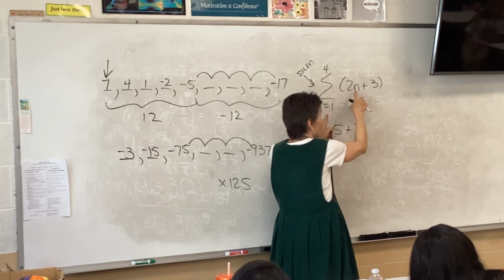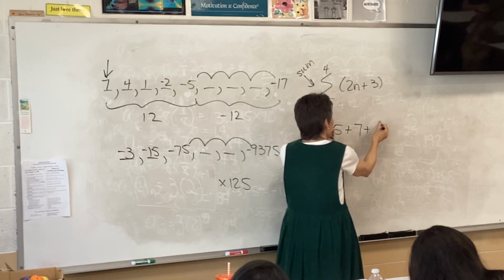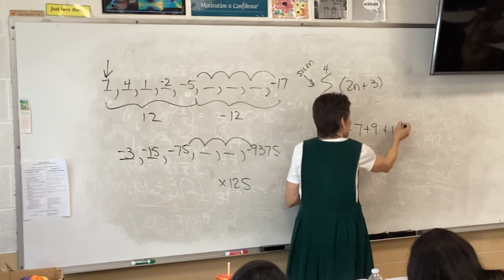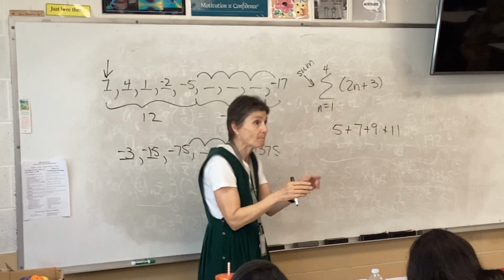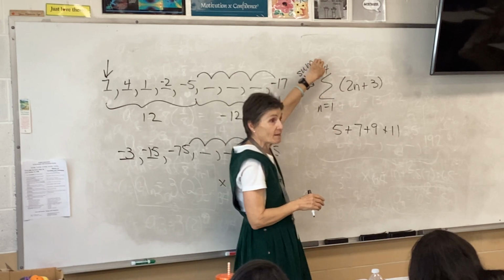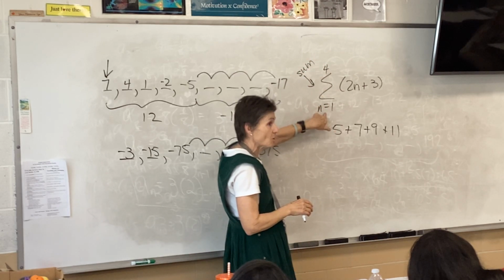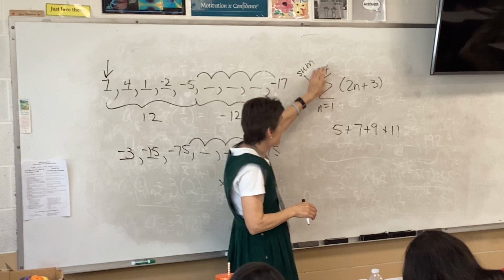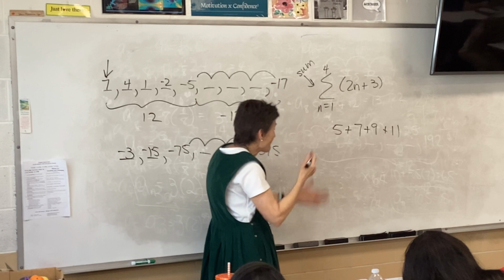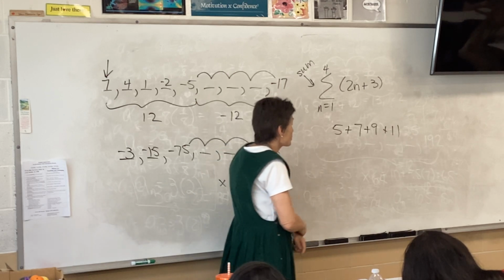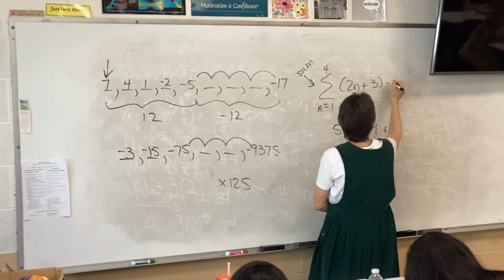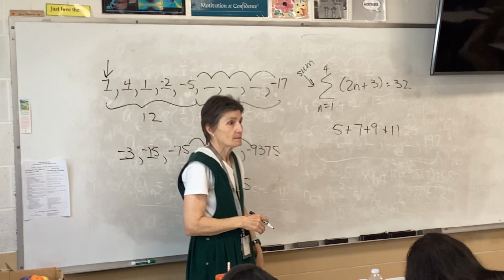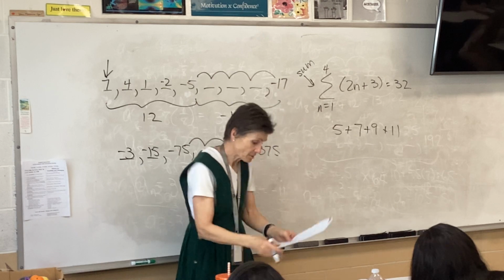Then I plug in 3, and I get 9. Then I plug in 4, and I get 11, and I stop because there's a 4 right there. This is where I start. This is where I end. Then I add all those up, and that's the answer. So what is that? 32. That's it. It's easy.